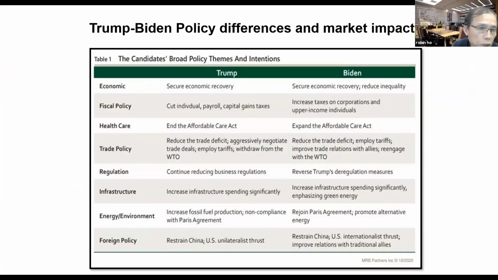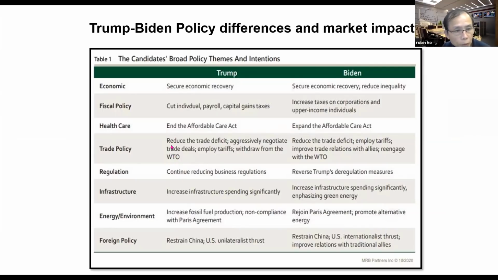On fiscal policy, Trump wants to cut individual payroll and capital gains tax, while Biden is clearly the opposite. He wants to increase tax on corporations and upper middle class individuals. Trump wants to end the Affordable Care Act, but Biden wants to expand it.